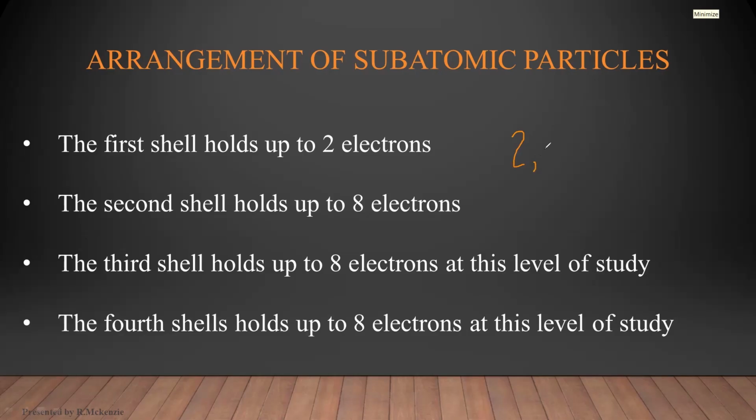At this level, you learn about each shell and how much it can hold. When you move on to CAPE, you learn about 18, 32, stuff like that. But at this level, because we're focusing on the first 20 elements, take note of this: the first shell can hold 2, the second shell 8, the third shell 8, and the fourth shell 8.